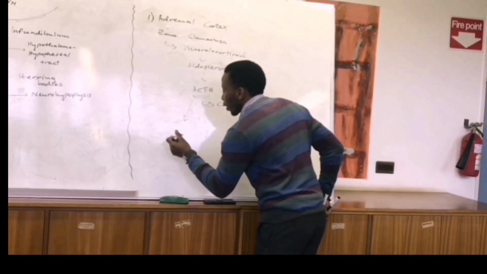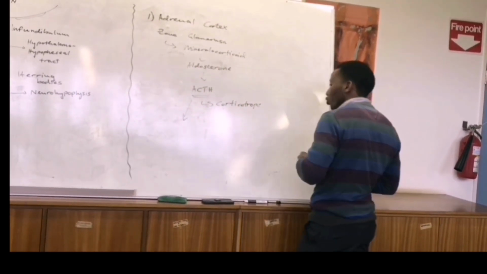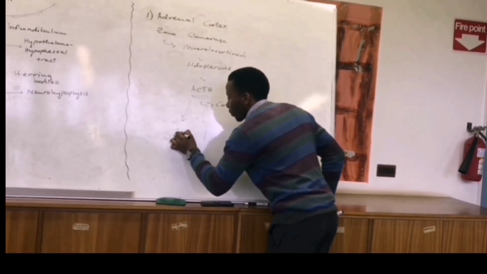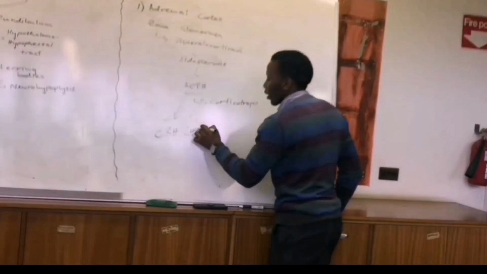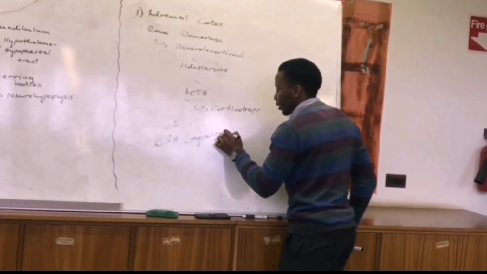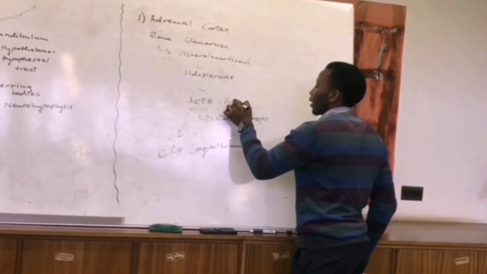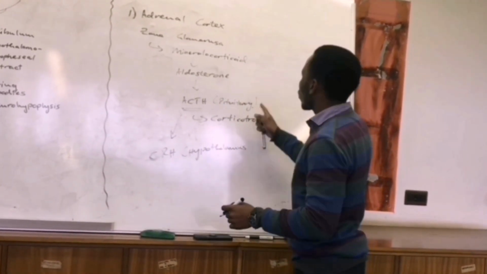This hormone comes from your hypothalamus, while ACTH comes from your pituitary gland. So this is it for your zona glomerulosa.